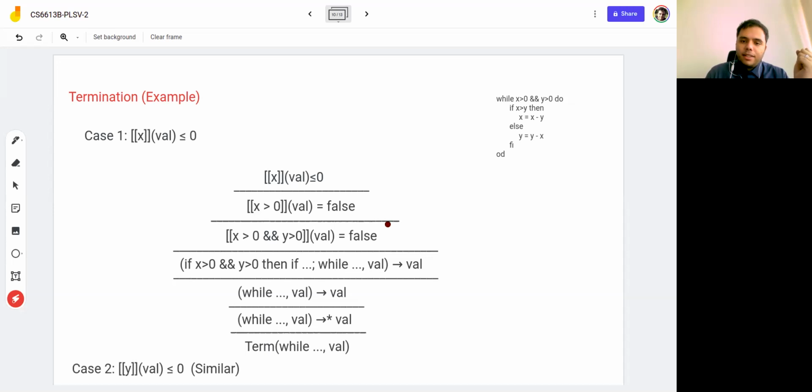Then which rule am I applying here? So how do I go from this to this?